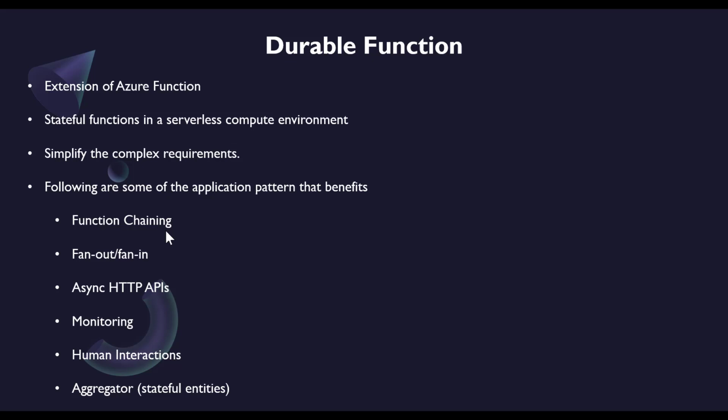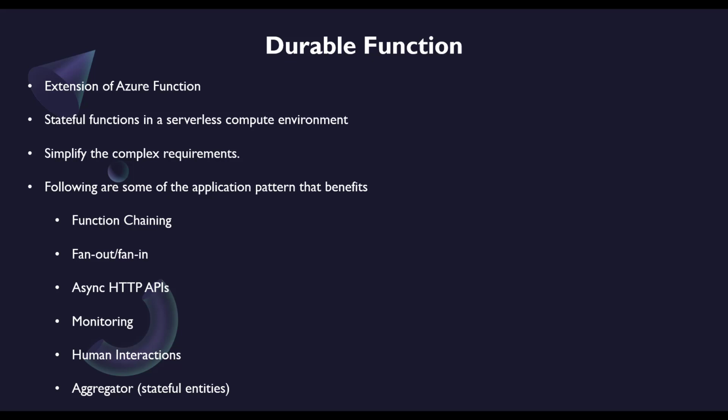Now let us see what function chaining is. In this pattern, a sequence of functions executes in a specific order. For example, if you have multiple functions, say method 1, method 2, method 3, and you want to execute them in sequential order, method 1 has to be executed first, then method 2 and method 3.